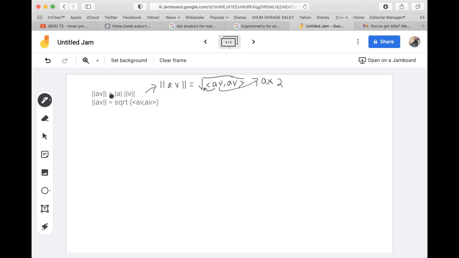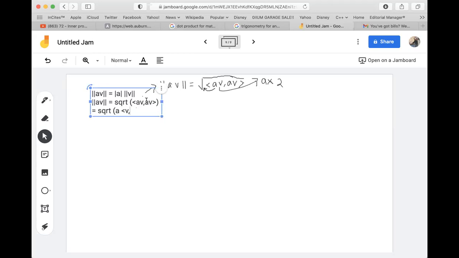So we have the square root, and for the first component, we extract out the A. Our inner product for the first component is left with V only.